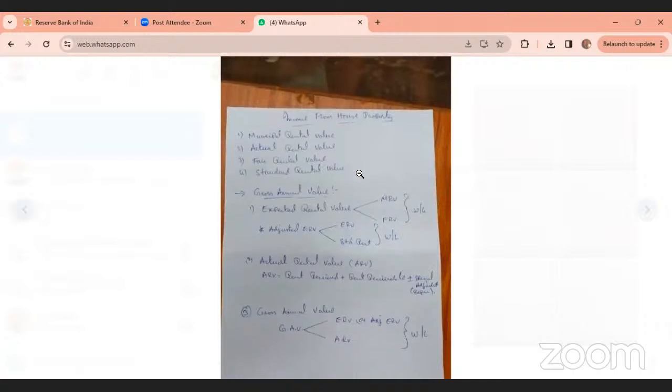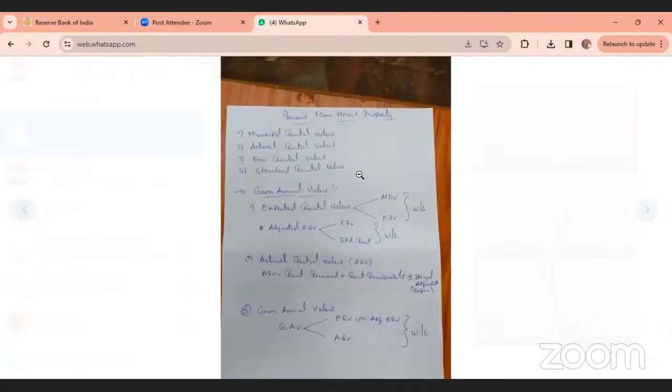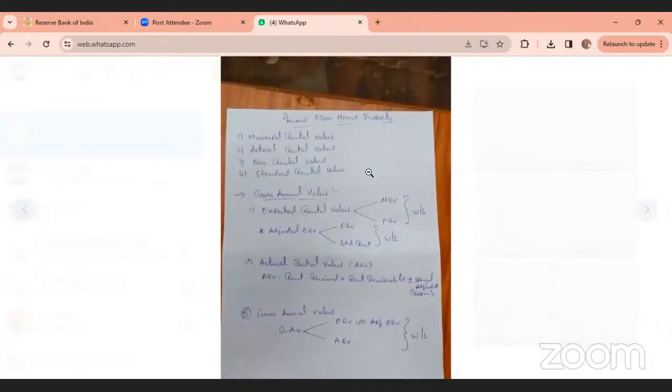Income from house property means when you let out any house, the rent you receive comes under income from house property.